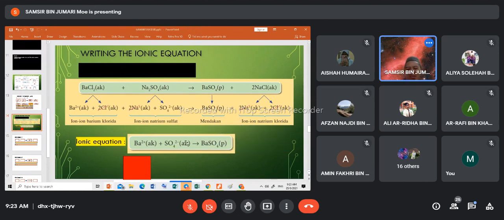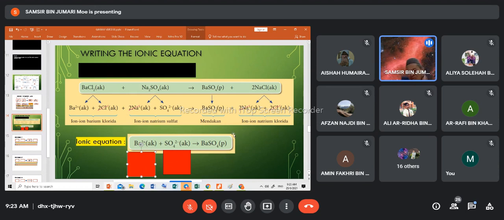Yang kat sini ni barium sulfate. Okay, what are the ions in barium sulfate? So barium ion and sulfate ion. So we just write down the ion: barium ion and sulfate ion to produce barium sulfate.